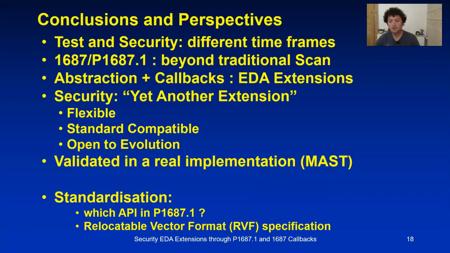This means that security is not a special case anymore, but is yet another extension, like everything else, that we can use in a flexible, open-to-evolution, and most importantly, standard-compatible way. And we validated it thanks to a real implementation with our MAST tool.